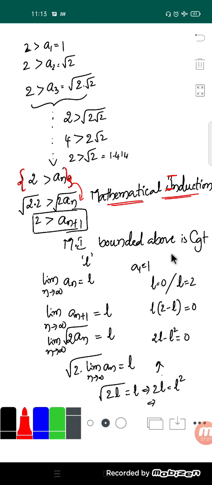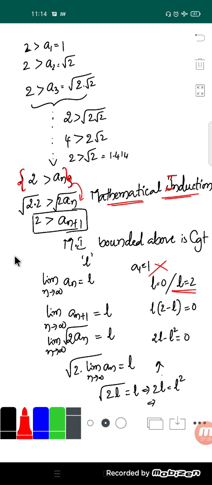So you can say that the limit cannot be 0, but the limit is 2. So you can say that this sequence is monotonically increasing. Okay, the sequence converges to 2.